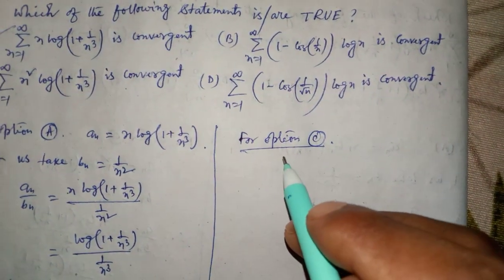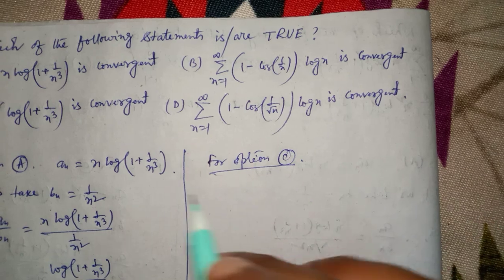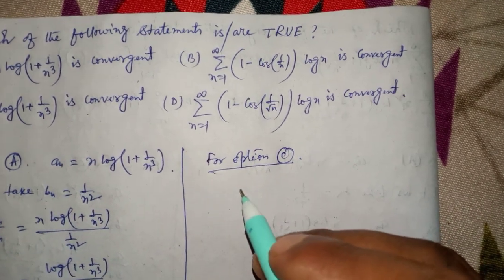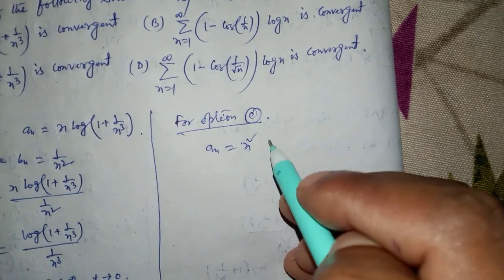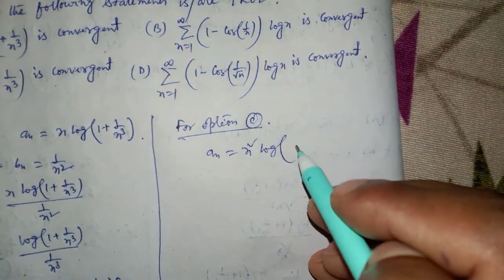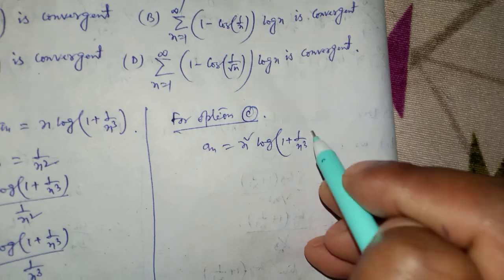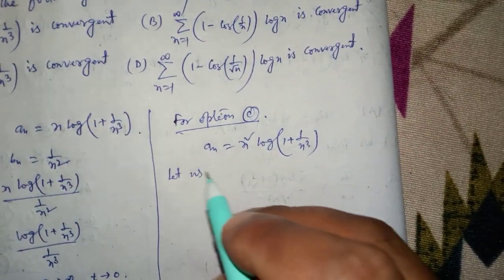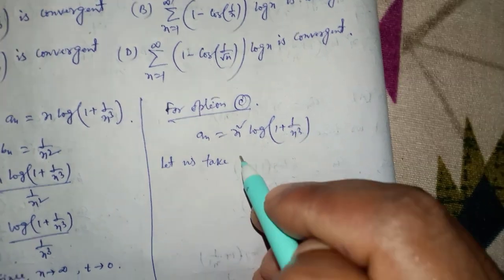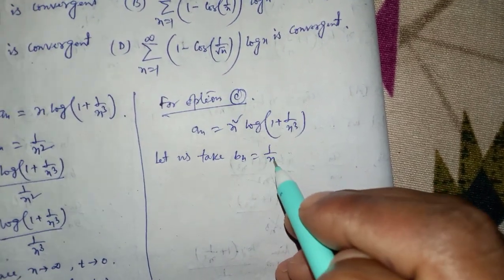So for option C, here also we apply the limit form of comparison test. Here an is equal to n square log 1 plus 1 by n cube, and let us take bn is equal to 1 by n.